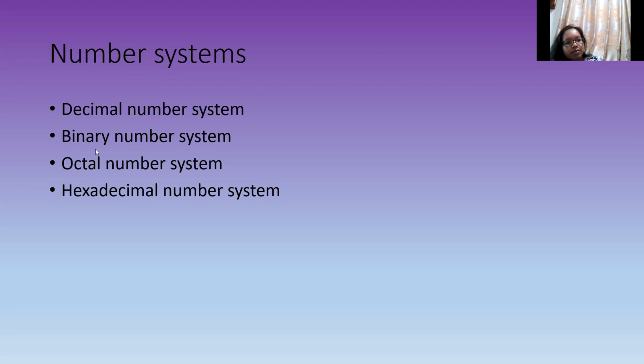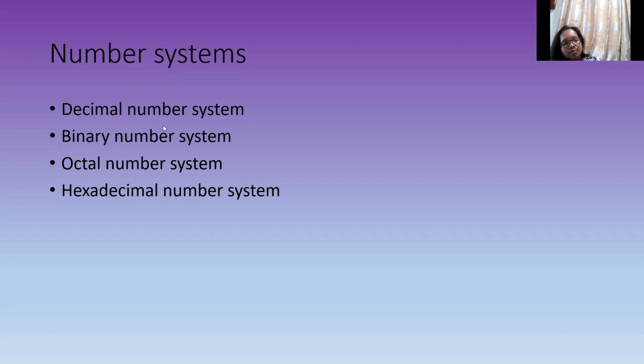And the binary number system is the one that is used inside digital devices. Digital devices means maybe computers, mobile phones, tablets, digital cameras, every digital equipment uses the binary number system.